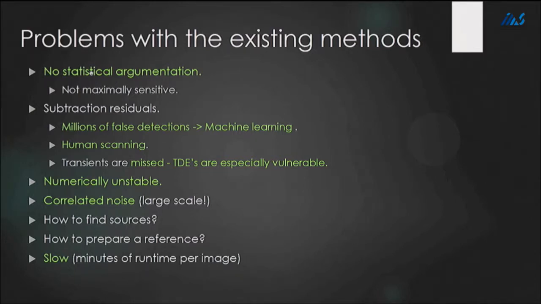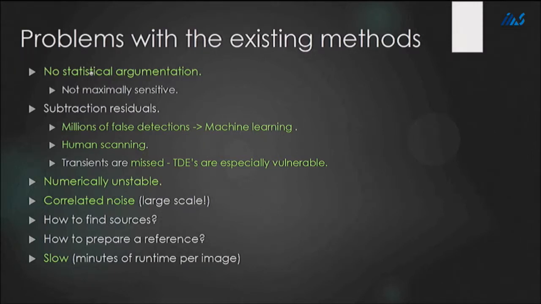So it doesn't match the PSFs correctly. So if you have a point source which is strong enough, you will see its yin-yang in the images, even if it's not saturated. And those create, in turn, millions of false detections, which are then fed into machine learning algorithms and sifted by the machine learning algorithms, leaving, instead of millions, hundreds. And then you have human scanning.